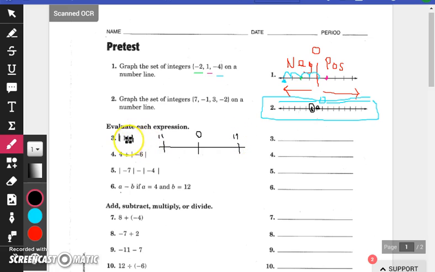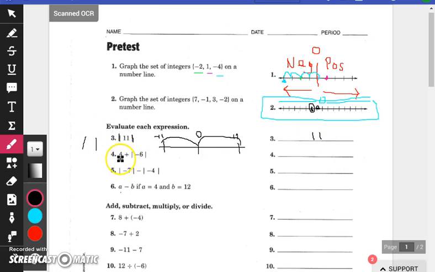In this case, -11 and +11 have the same distance away from 0. Therefore, all absolute values, meaning all numbers in these brackets, are positive.